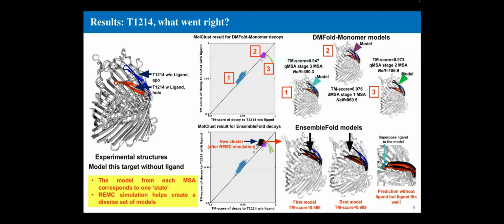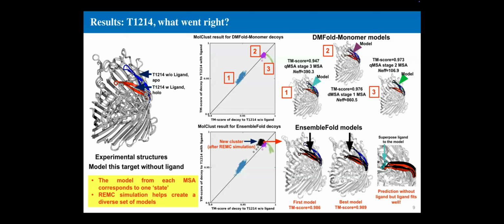And if we track the source of those clusters, we can see each cluster actually came from a different MSA. That means different MSAs perhaps can generate a model in different states in our deep MSA pipeline.